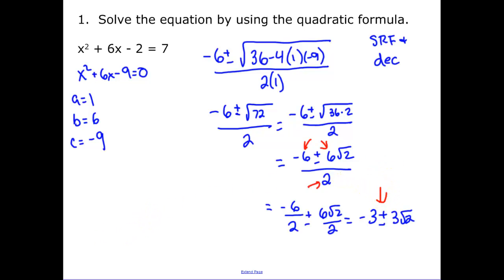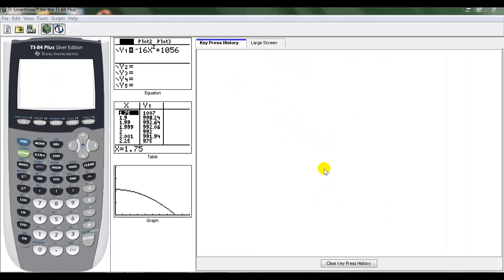Now plugging into your calculator. Okay, so this is how you plug in to your calculator. So we had -3 plus 3 times, you don't have to put the multiplication symbol in.